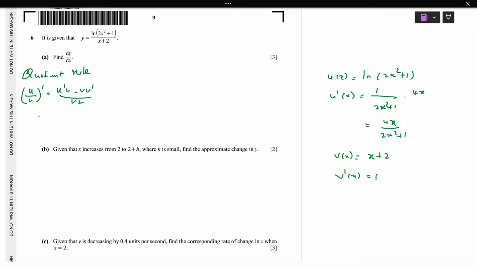Now I'll do dy by dx. dy by dx is equal to u dash v minus u v dash over v square.